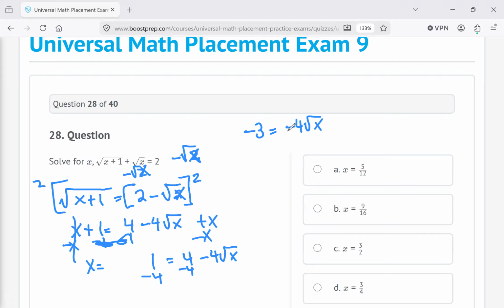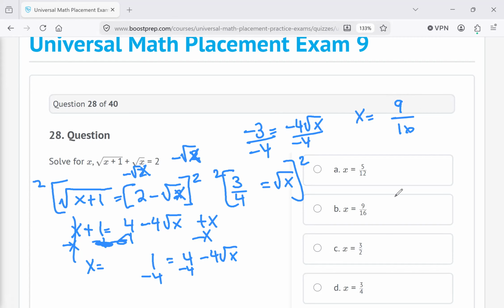And then what should I do next? Get rid of this negative 4. This is positive 3 over 4, and then square both sides. You get x equals 9 over 16. Okay, that's letter B.